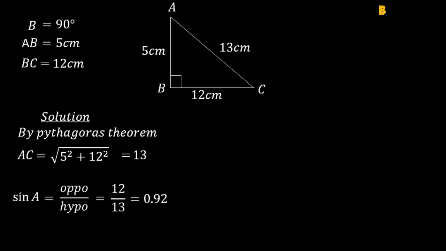Alright, so let's move on with cos C. Cos C is equal to the adjacent over hypotenuse.